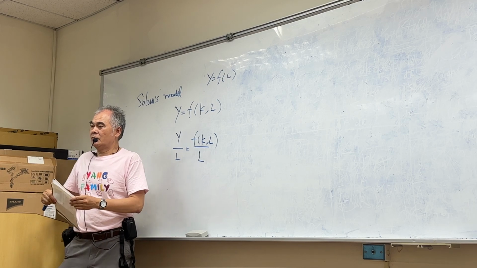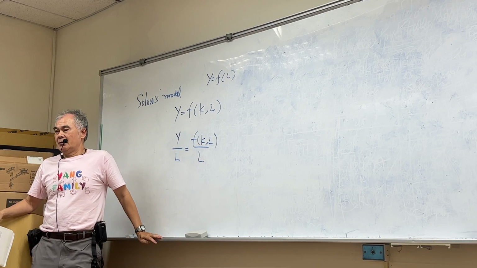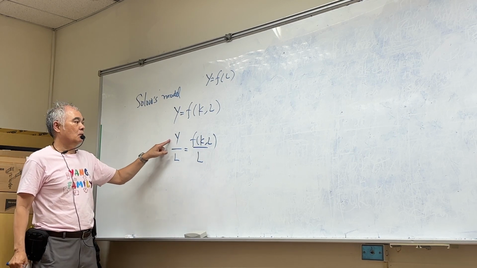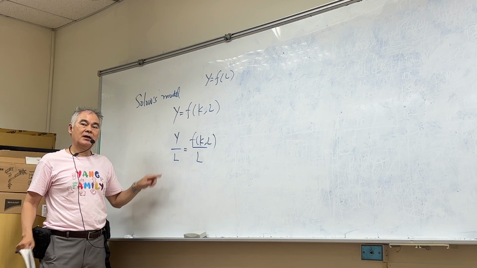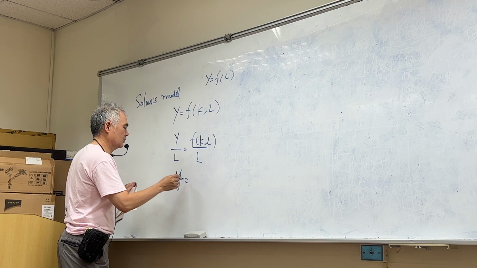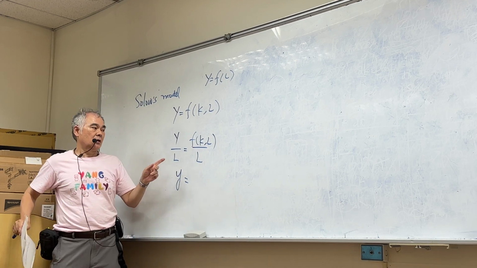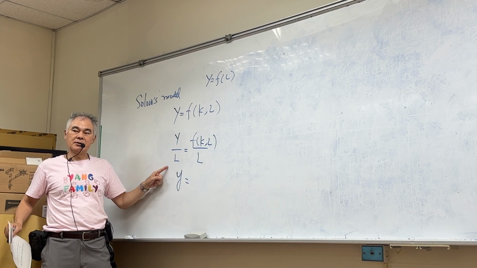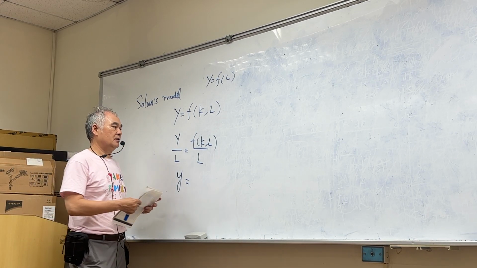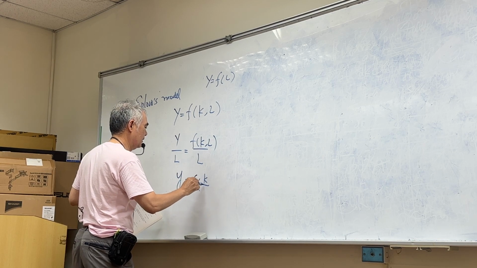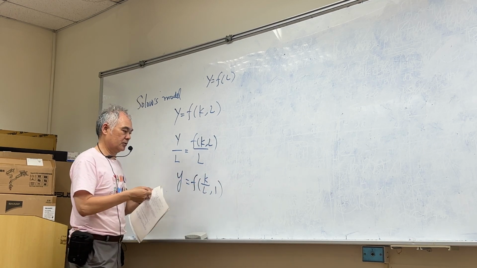If you want to do this, it really depends on the function you have. As I mentioned before, Y divided by L gives us per capita production, which is production or quantity per labor. And then this is going to be F(K divided by L, 1).